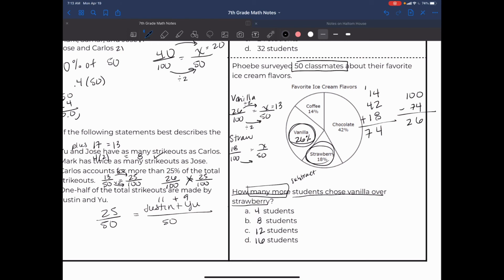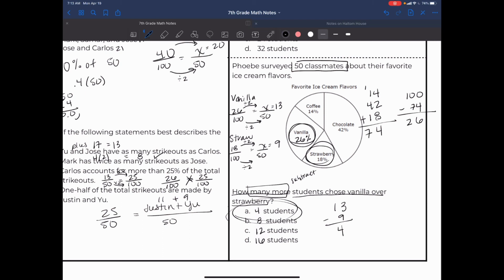And then strawberry divided by 2 is 9. But I am trying to figure out how many more chose vanilla over strawberry, meaning my final step is to subtract, and this is simple mental math. You guessed it. 4 students.